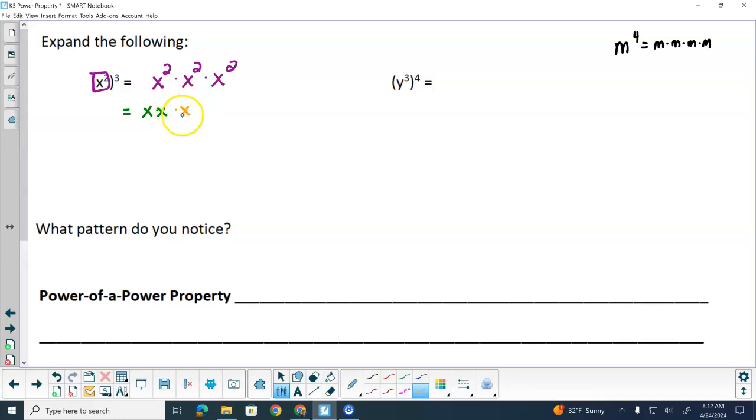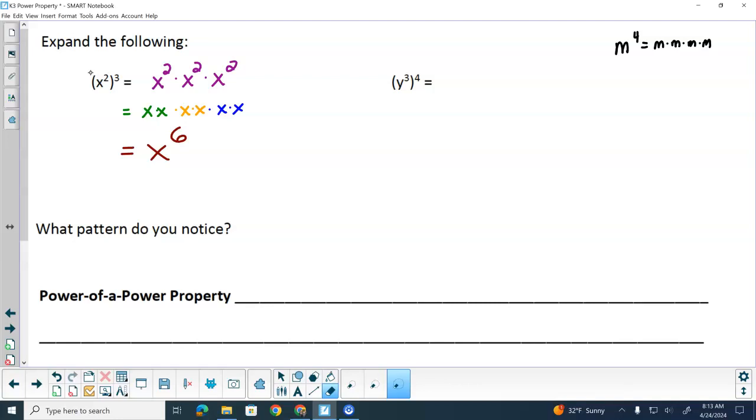X times x. And last hard question. What does this x squared mean? X times x. Dylan, how many total x's do we have now in this rainbow colored line? 6 of them. So we could write this as x to the 6th power. Okay, we erase this. With me?